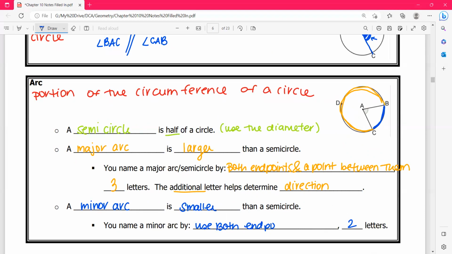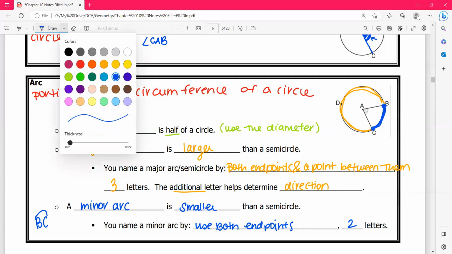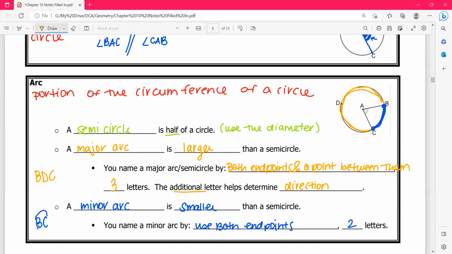And so now we can compare what's the difference here and why it's different. So look at this arc right here. BC is the blue crust. That is how I would name that minor arc, BC. And notice I've got a little arc symbol above it. I cannot name that orange arc BC. I need to name the orange arc BDC.